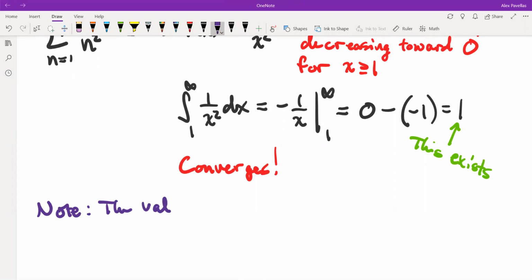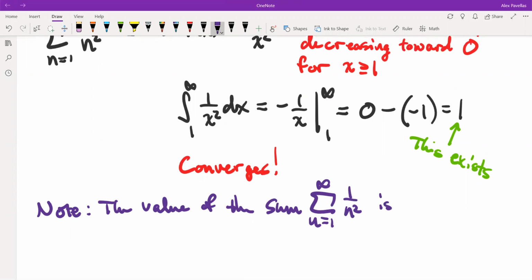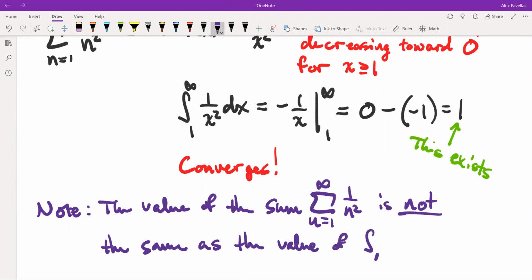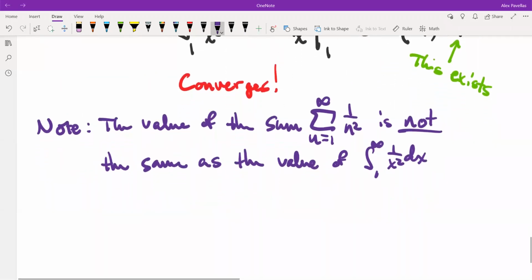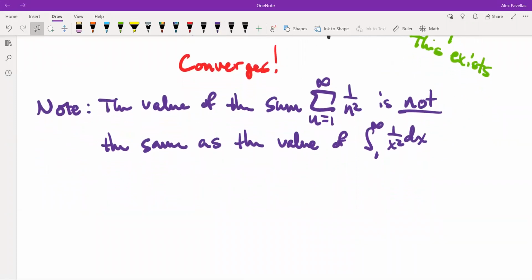The value of the sum as n goes from 1 to infinity of 1 over n squared is not the same thing as the value of the integral from 1 to infinity of 1 over x squared dx. It's just the fact that we got a number for the integral means that we would get a number for this sum. And in fact, I can prove this to you very quickly.